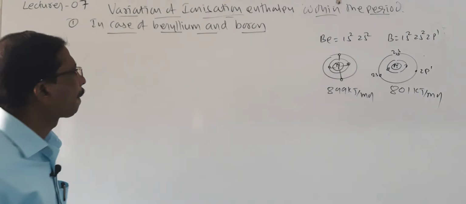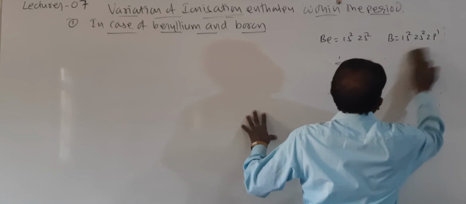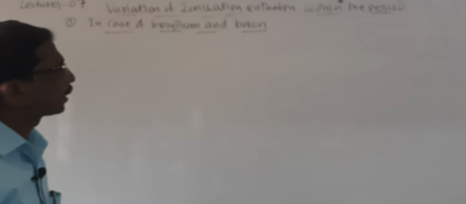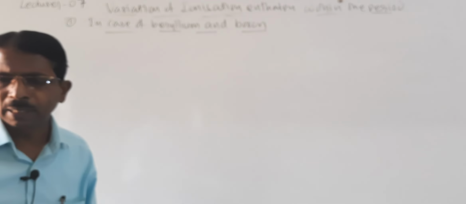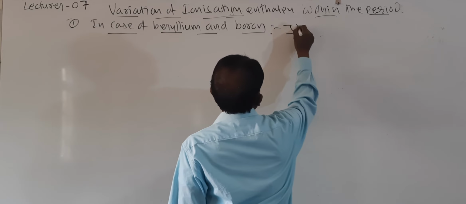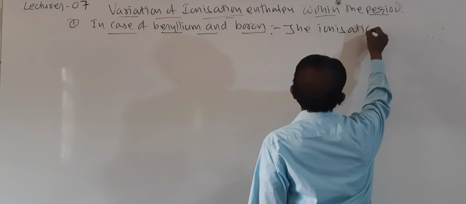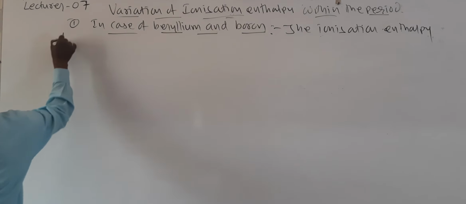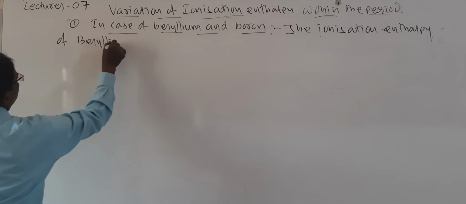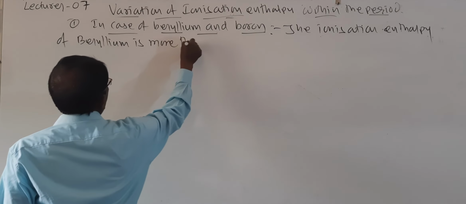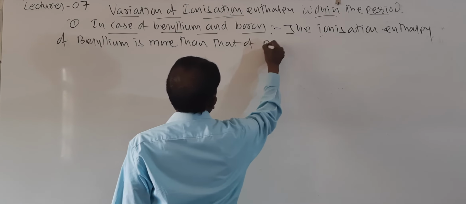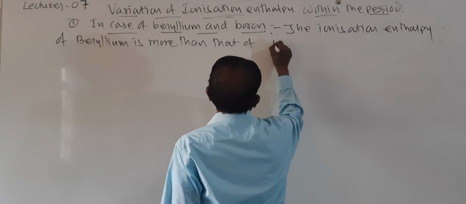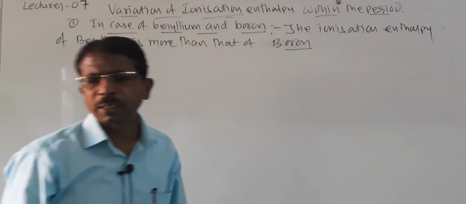So we will write this. Look here, in case of beryllium and boron, the ionization enthalpy of beryllium is more than that of boron.